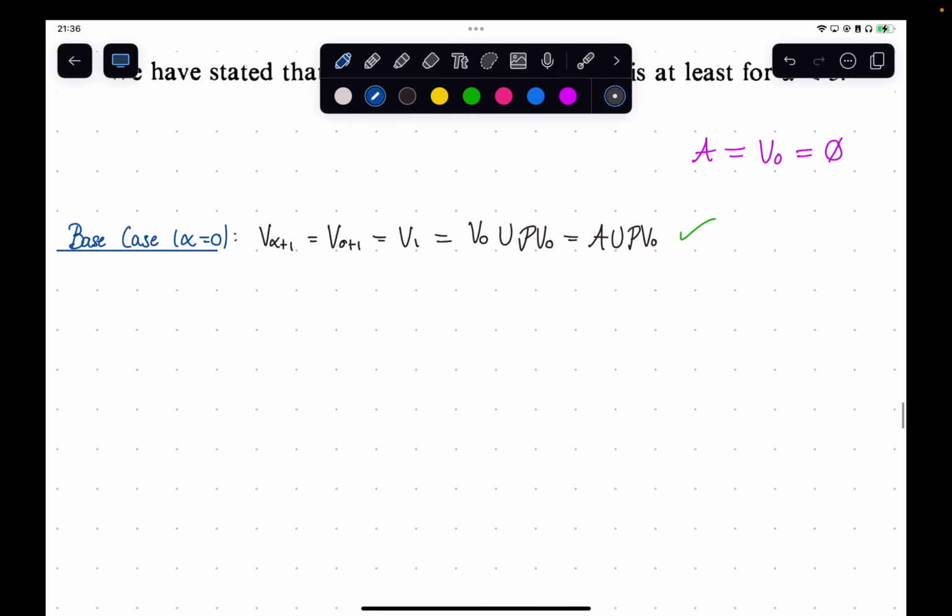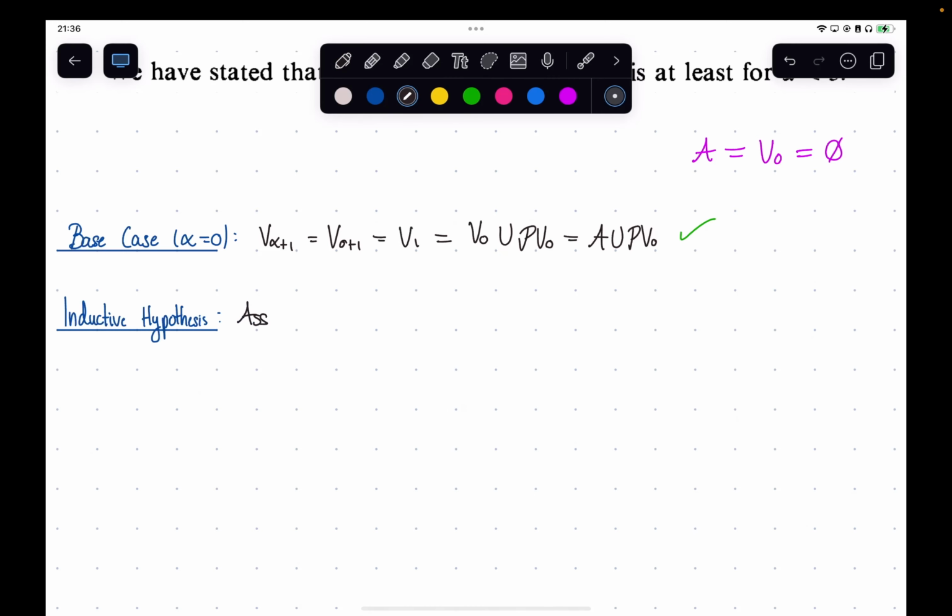Now let's move on to our inductive hypothesis. What is our hypothesis?